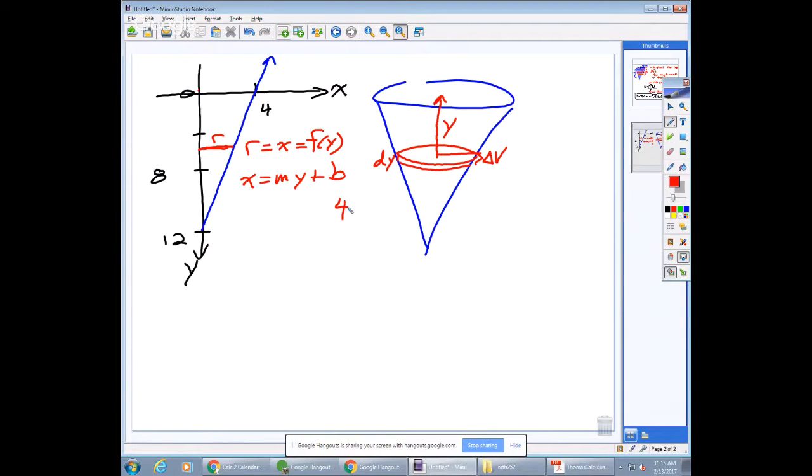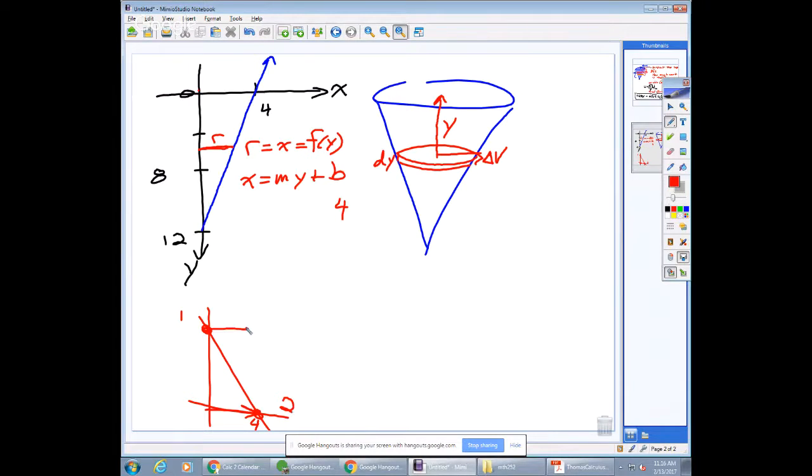Okay. So let's see. My run over rise, and it might help to think about this flipped. So this on a normal y-axis is what we're working with, right? And so my run here would be 4. Let's say I want to get from this point here to that point here, so 1 to 2.